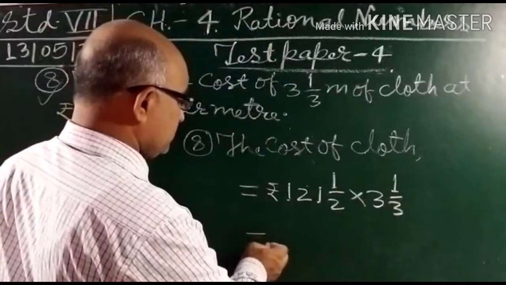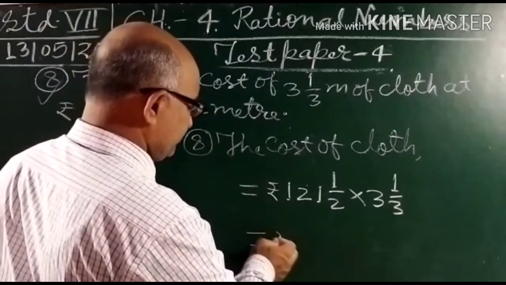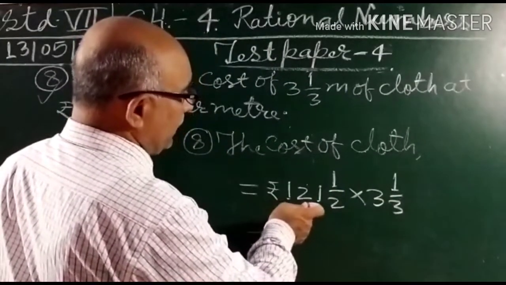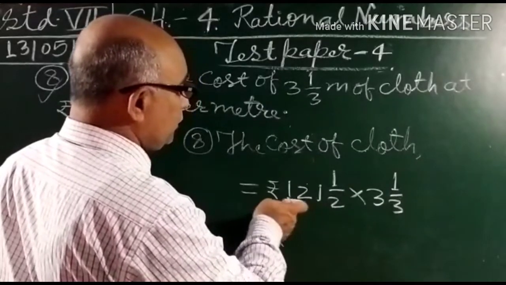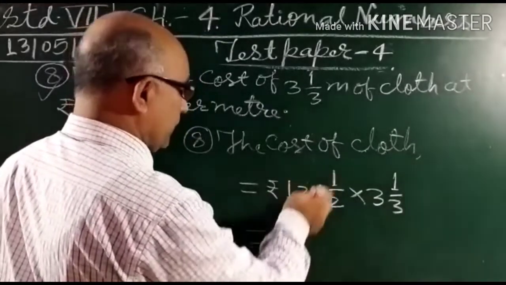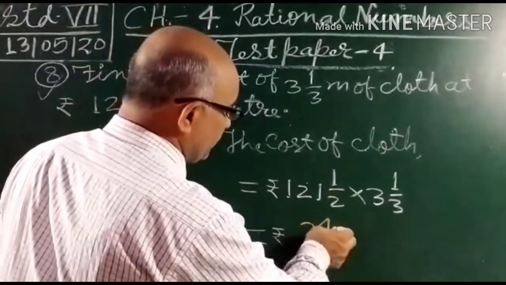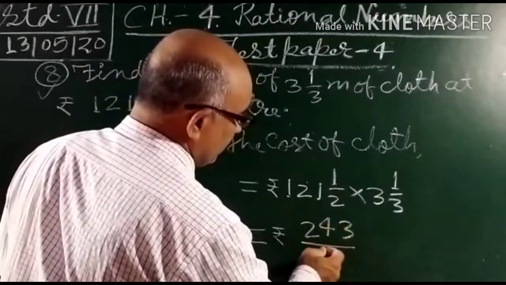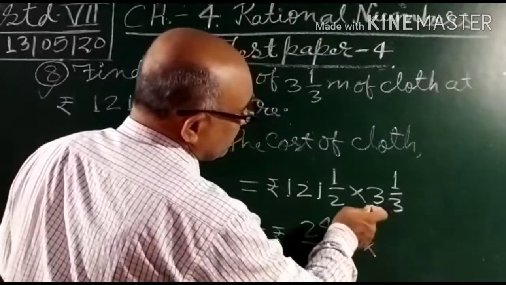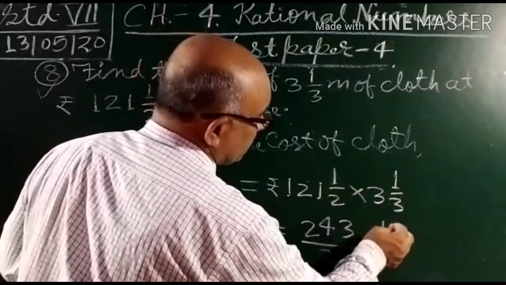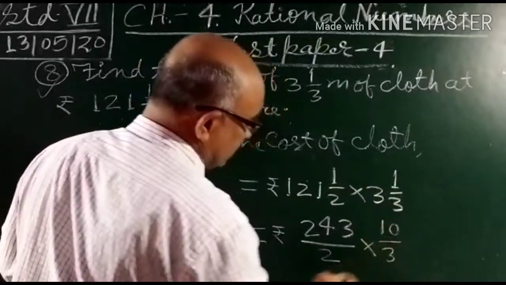Change it: rupees 121 times 2 is 242 plus 1, 243 by 2, into 3 times 3 is 9 plus 1, 10 by 3.